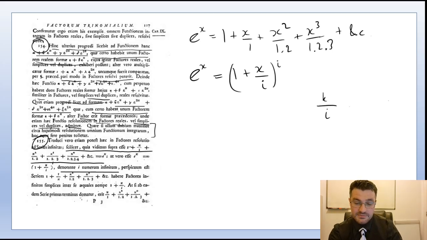Where does he use them? Maybe about chapter 6-ish. No, sorry, it's chapter 7. Yeah, it's when he's finding the series expansions of exponential functions. He uses infinitely large and infinitely small numbers, kind of side by side. So you can have an infinitely large number multiplied by an infinitely small number, giving a finite number.